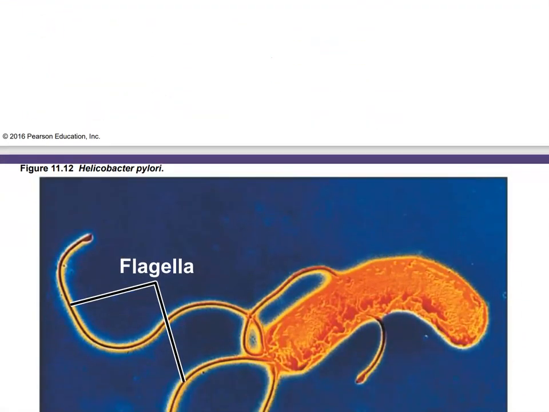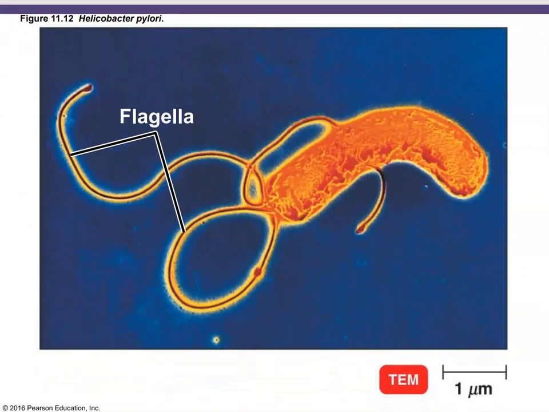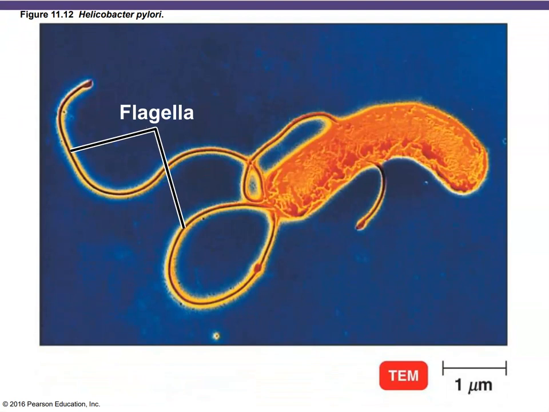So here is our Helicobacter pylori, and it has this curvy appearance, and flagella right here drills itself into your stomach walls, and very importantly, it can cause not just ulcers, but it can cause stomach cancer.